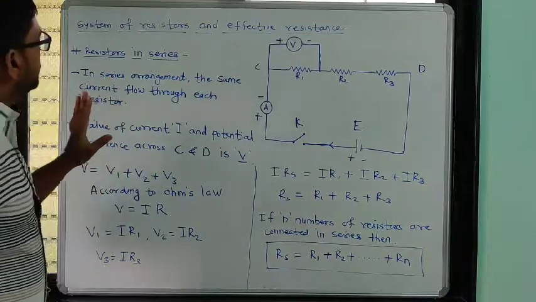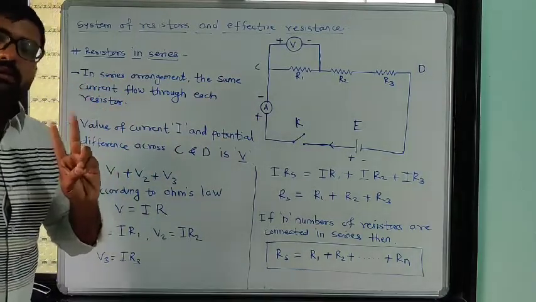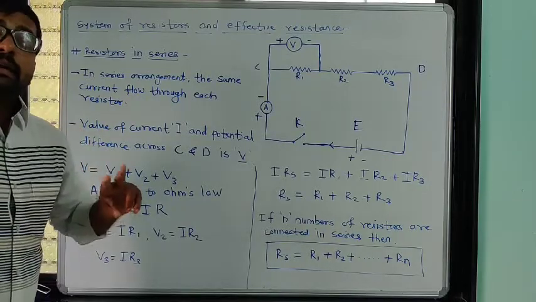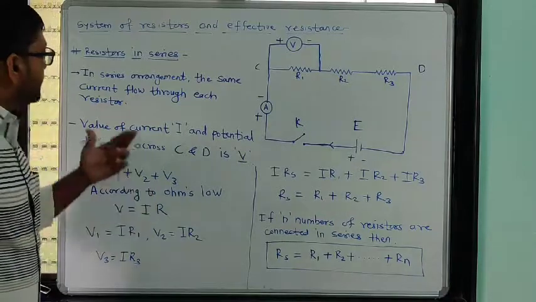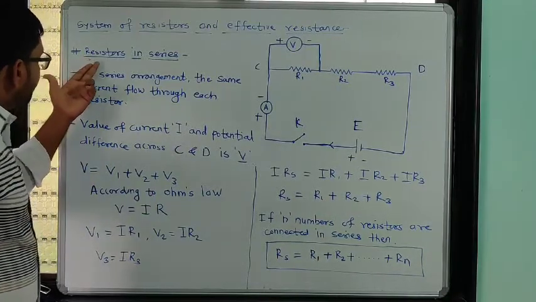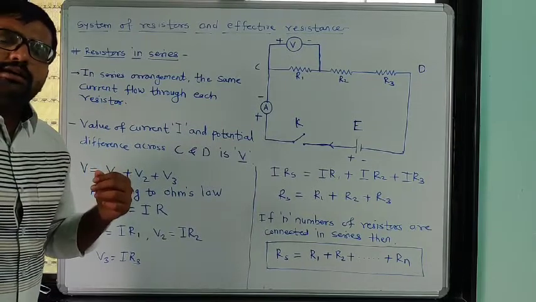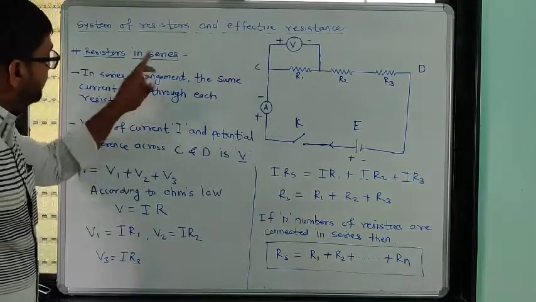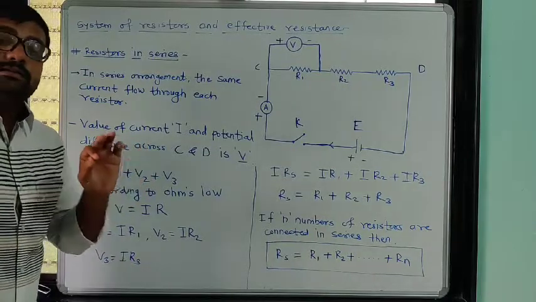Okay, so first of all, there are two ways by which we can connect resistors. First is resistors in series, which means we make the connection of resistors in series, and that is called a series connection of resistors.